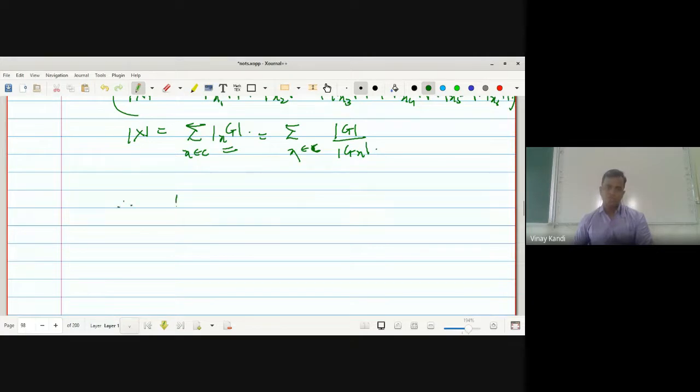Therefore order of X is equal to the summation over x belongs to C of order of G upon order of Gx. And each and every orbit here is disjoint. Any doubt?